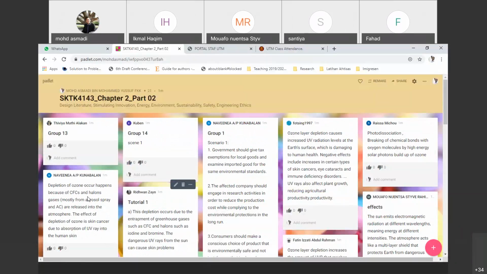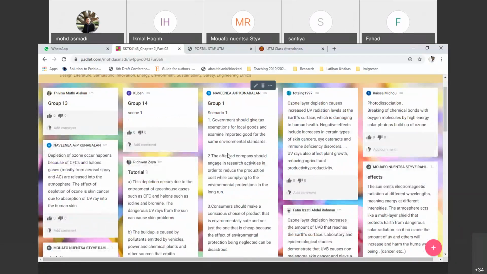What else? The affected company should engage in research activity, reduce production. Consumer should make conscious choices. Okay, that's good.